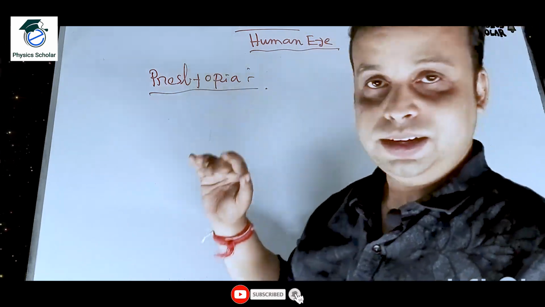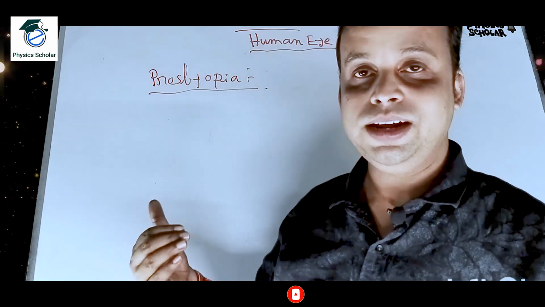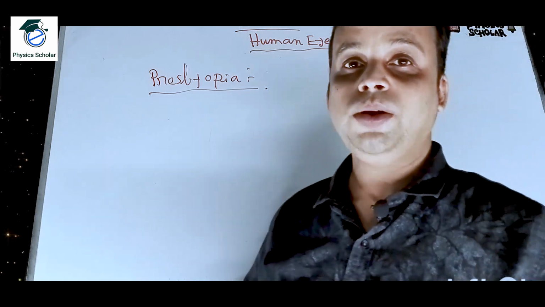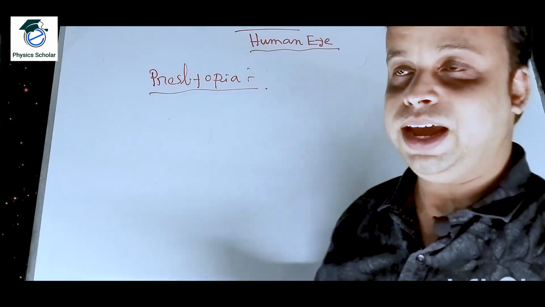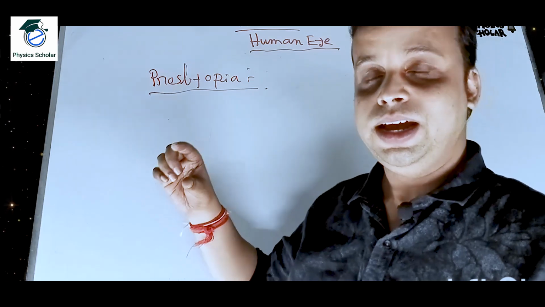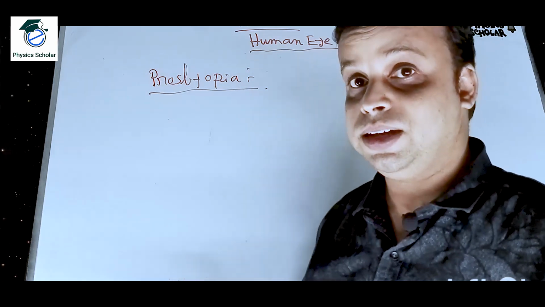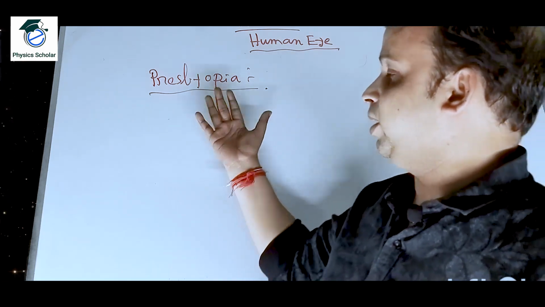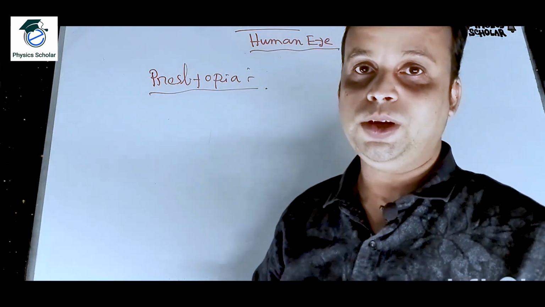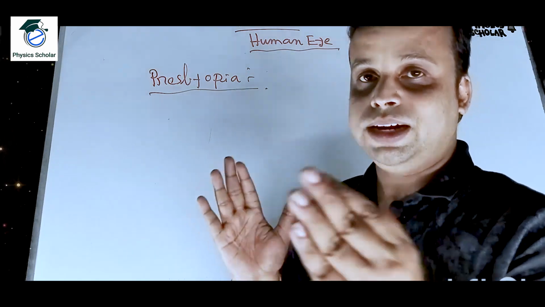So presbyopia is the problem for old age people due to problems in the ciliary muscles. Now how can we rectify that? Just now I discussed that we can rectify it by using a spectacle having a convex lens, by adjusting the power. But in some cases both visions are a problem, because the ciliary muscle cannot work properly, so the eye lens cannot become thicker or thinner or readjust.